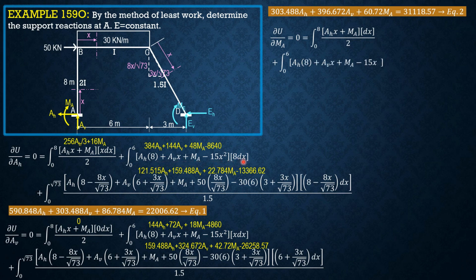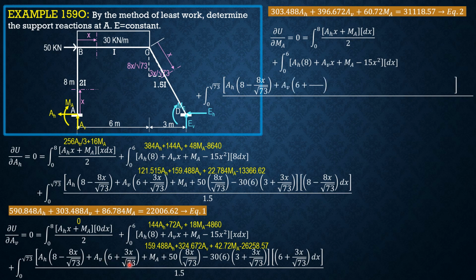Then this is dx only. Then plus integral 0 to square root of 73 of AH times quantity 8 minus 8x over square root of 73 plus AV quantity 6 plus 3x over square root of 73 plus MA plus 50 times 8x over square root of 73 minus 30 times 6 times quantity 3 plus 3x over square root of 73 dx over 1.5.